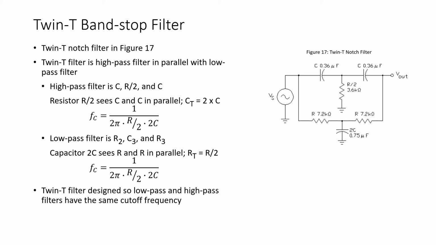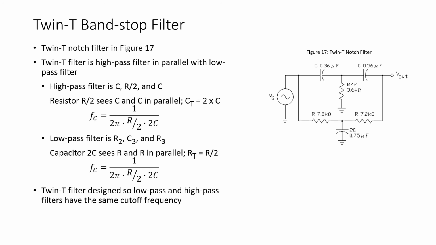And the lower RC circuit is a low pass filter. Again, at high frequencies, the X sub C is small and current flows through the capacitor to ground. Therefore, no current flows through the second or the rightmost resistor to the output. So again, we have a low pass filter in parallel with a high pass filter.